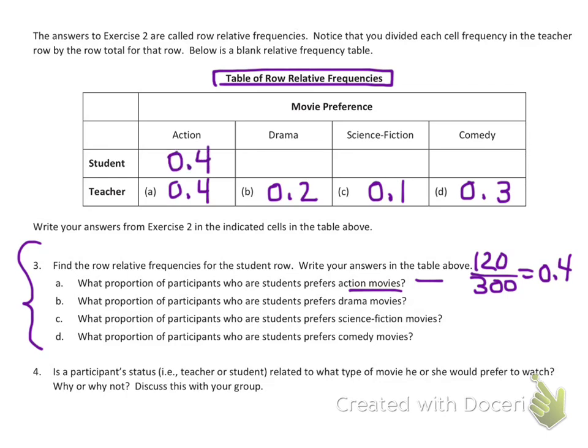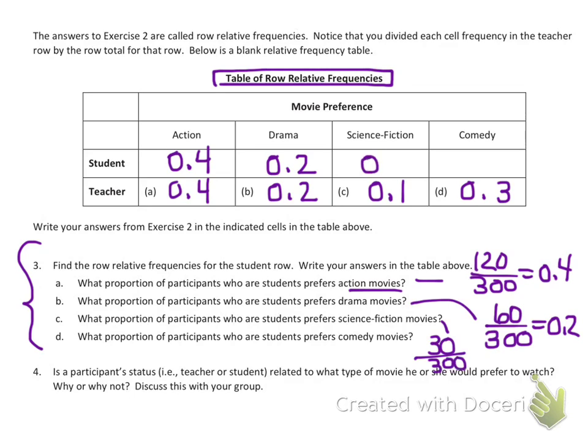Okay, so for drama we had 60 out of 300, which is 1/5, which is 2/10, 0.2. Oh, are you starting to see something happen here? What proportion of participants who are students prefer science fiction? Well, there were 30 students who preferred that out of 300.